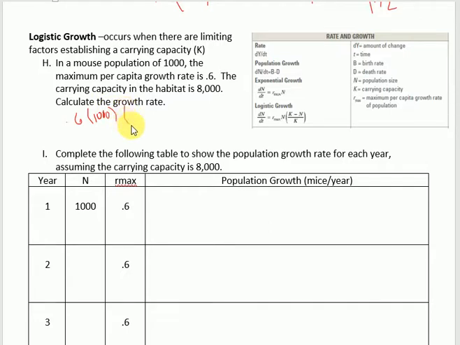And then we are going to multiply that by the 8,000, which is our carrying capacity, minus our population, divided by our carrying capacity. So if you do the math, keeping in mind that on the AP exam you cannot use a scientific calculator, we end up with 525 individuals per year.